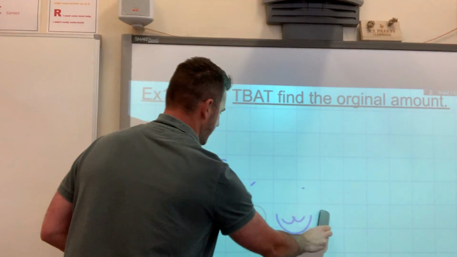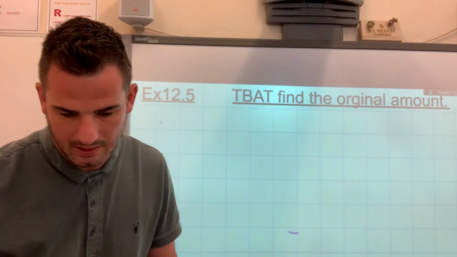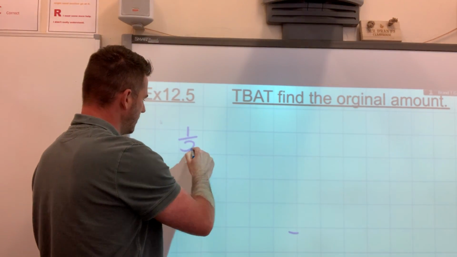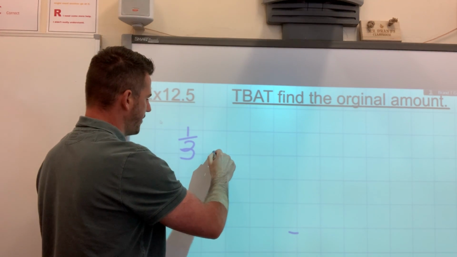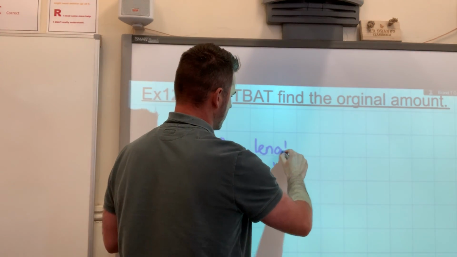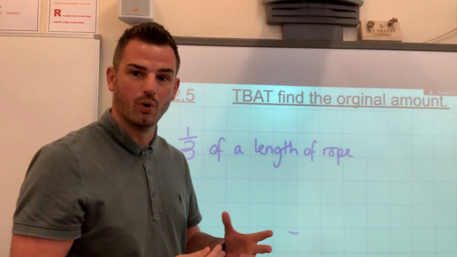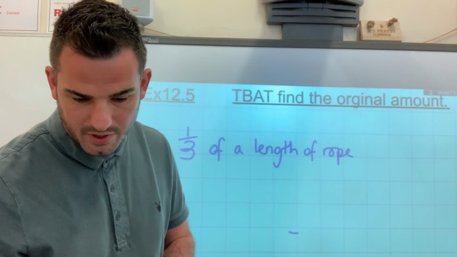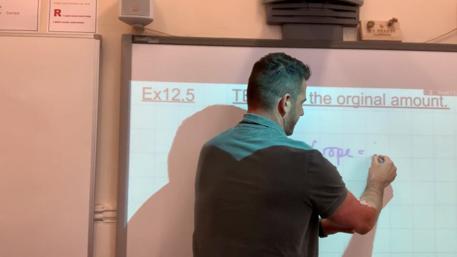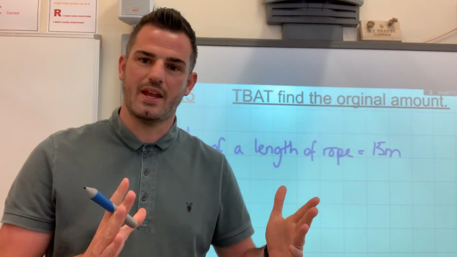Quickly rub this off. If we take something like a third, a third of a length of rope. So a little bit more wordy now. Real life problems. A third of a length of rope is 15 meters. So we've got a piece of rope, it's 15 meters long.